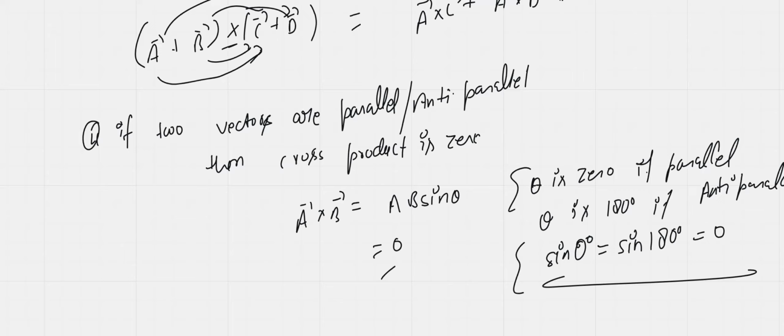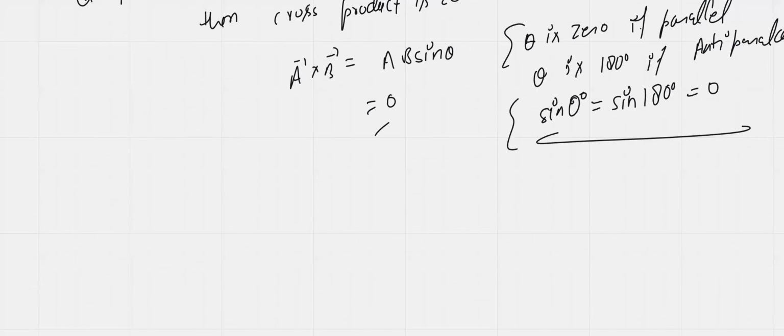Okay, so let's come up to the main part: how you can actually multiply these vectors. You are given a, and you have to do a cross b. Assume a is given as ax in the i direction, plus ay in the j direction, plus az in the k direction.